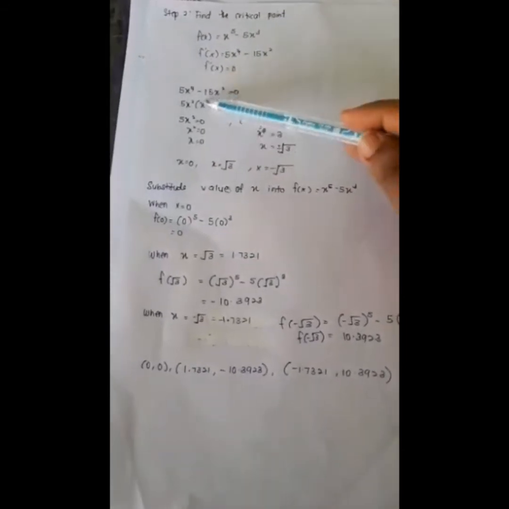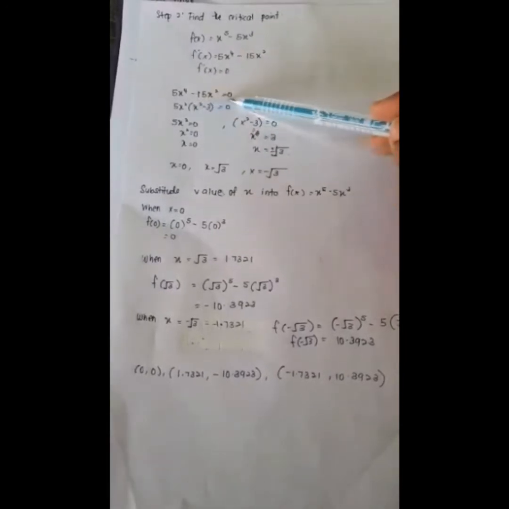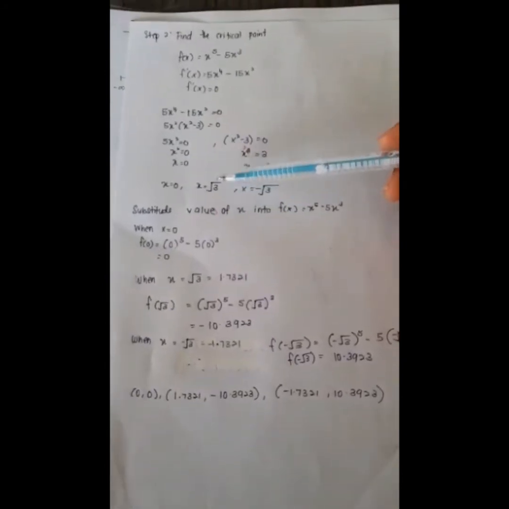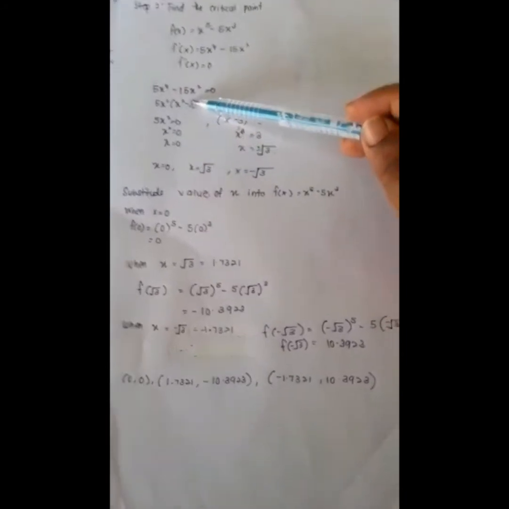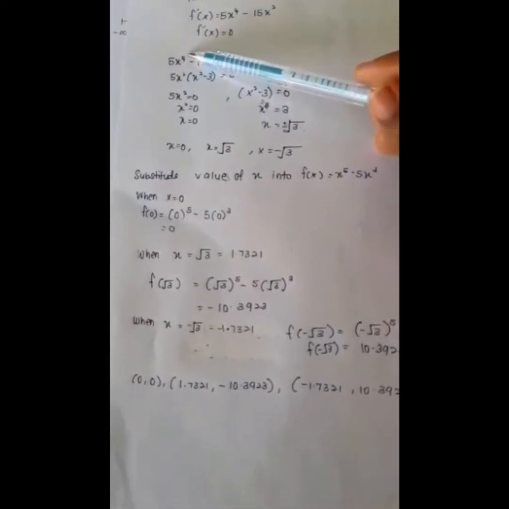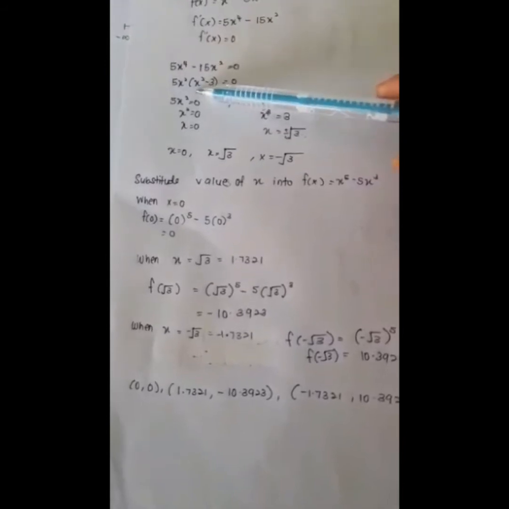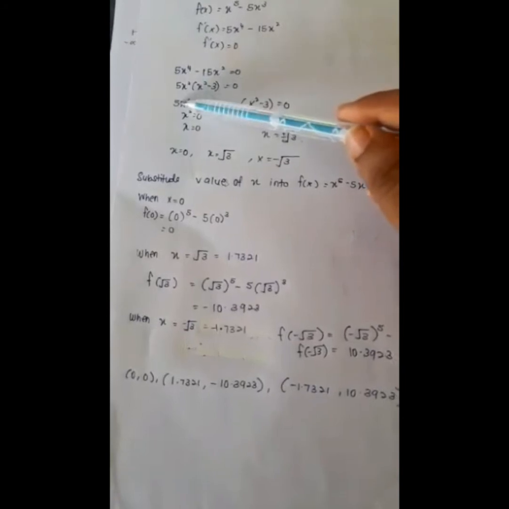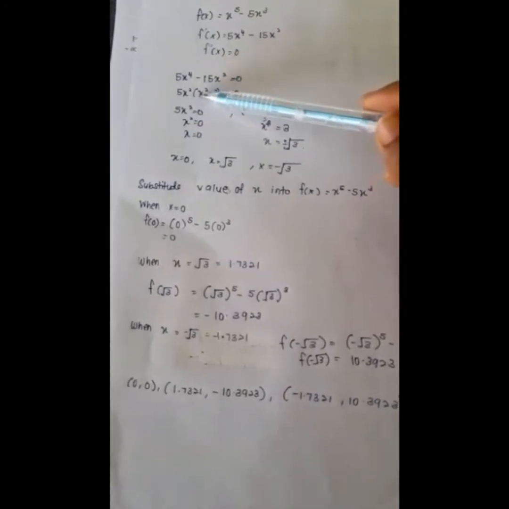So we will get an equation like this, and we have to factorize this equation to get the x values, to get the critical points. So this is x power 4. This power 4 is the highest power, so it will be difficult for us to factorize. So we did it like this: x square in bracket x square minus 3 equals 0.